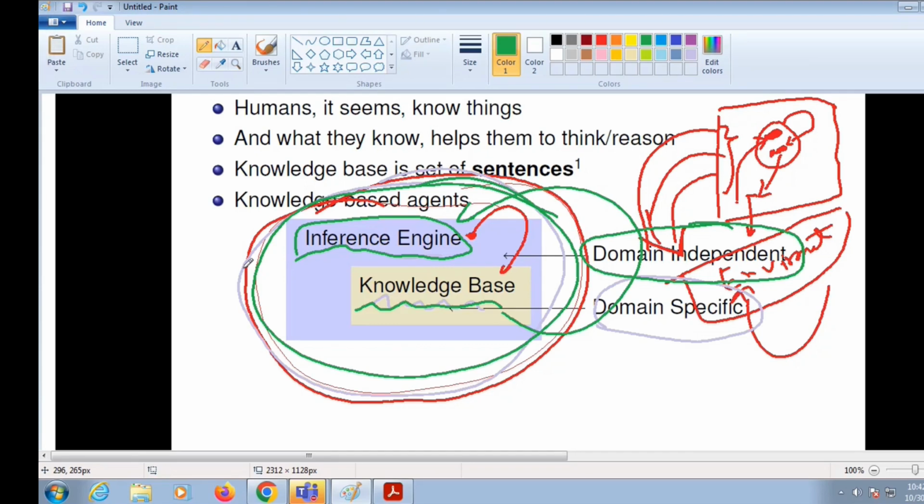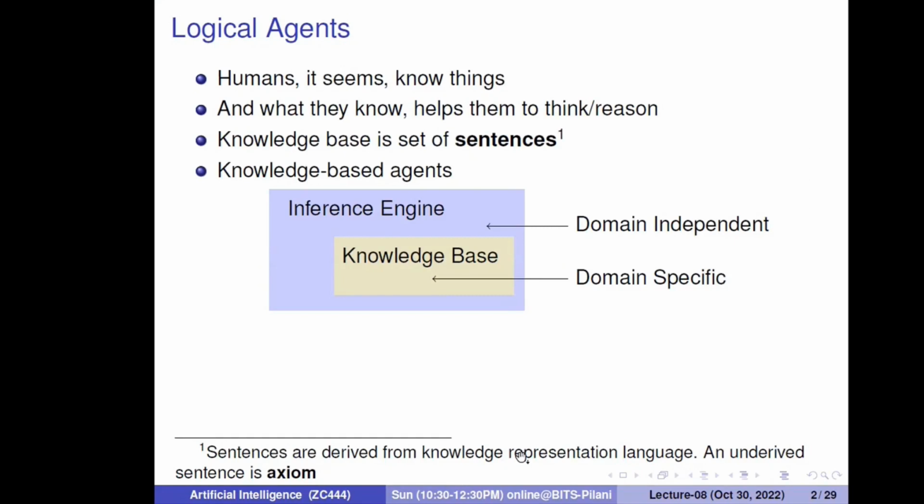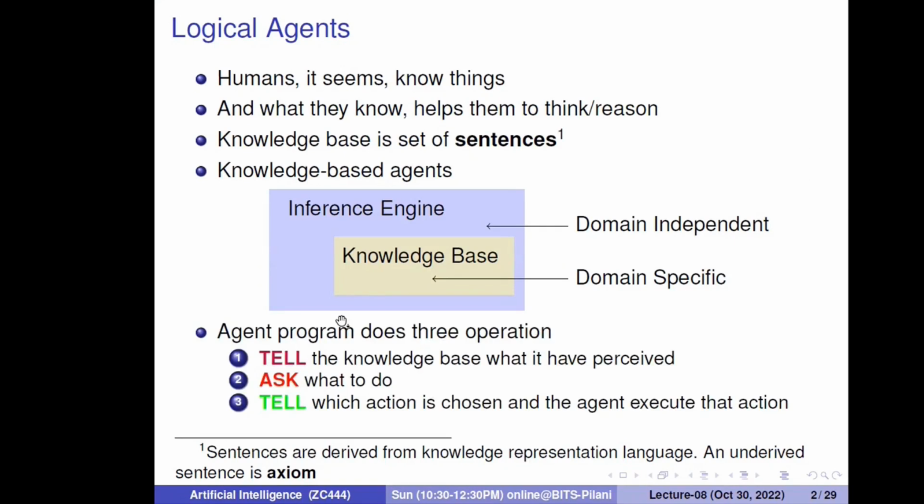Okay, for the logical agent. This is the complete logical agent that I wanted to talk to you about. It must have something that acts. So it senses the environment, and then you provide some input, and then you can go ahead on that. As I told you, there are three different tasks. One is the telling, where initially you tell what is inside the environment, and this is given to the logical agent, and then it asks what to do.